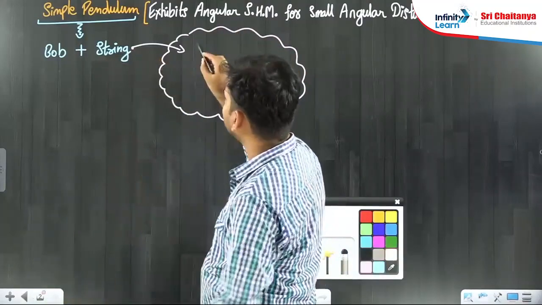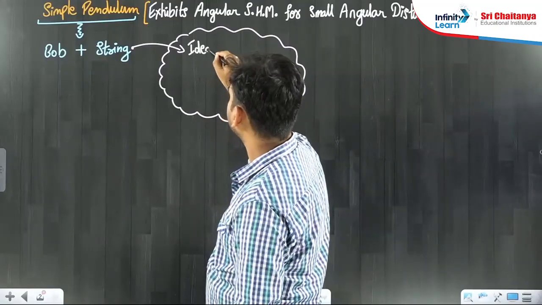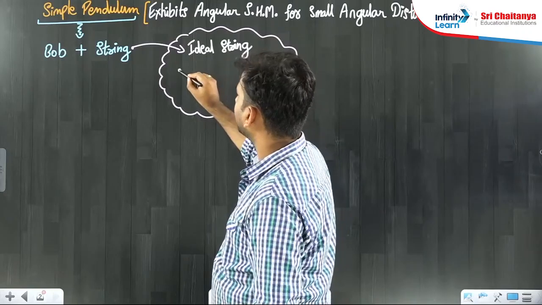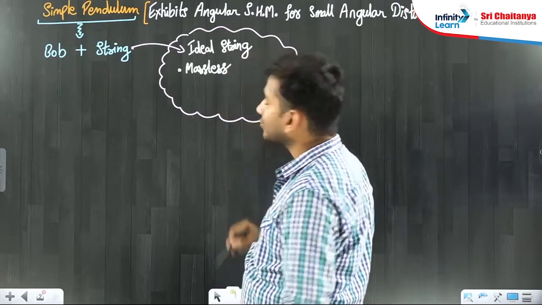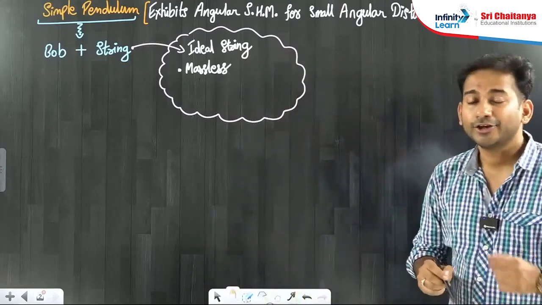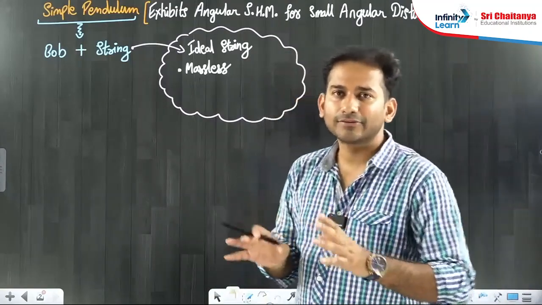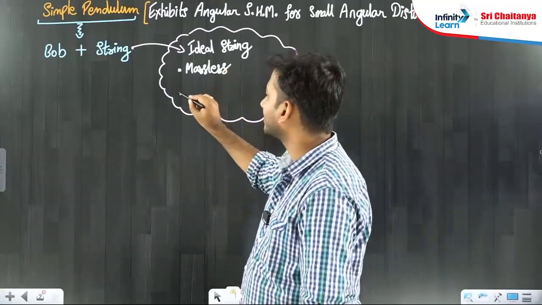Here I am just writing string, but there is a term in physics called ideal string. Ideal string has two properties. One is it is massless. So you don't have to consider the string's motion particularly. You don't have to consider the string's momentum, the string's energy, the kinetic energy of the string.